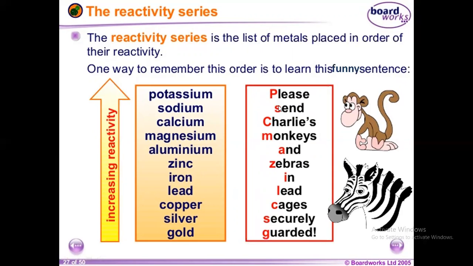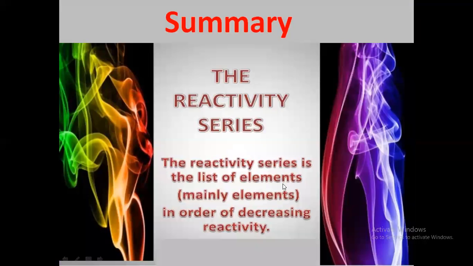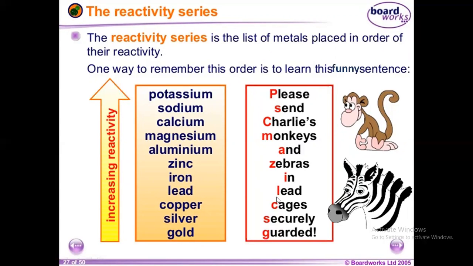right? P in please is for potassium. S in send is for sodium. C in Charlie is for calcium. M in monkeys is for magnesium. A is for aluminium. Z is for zinc. I is for iron. L in lead is for lead.